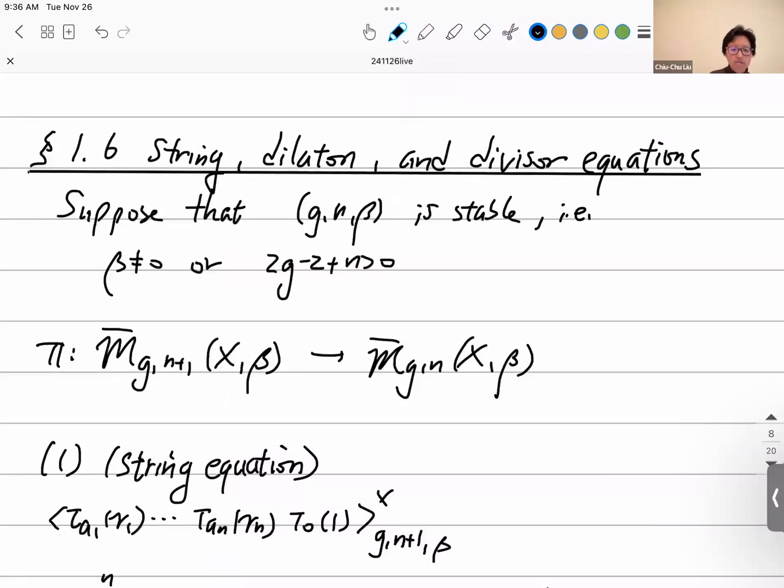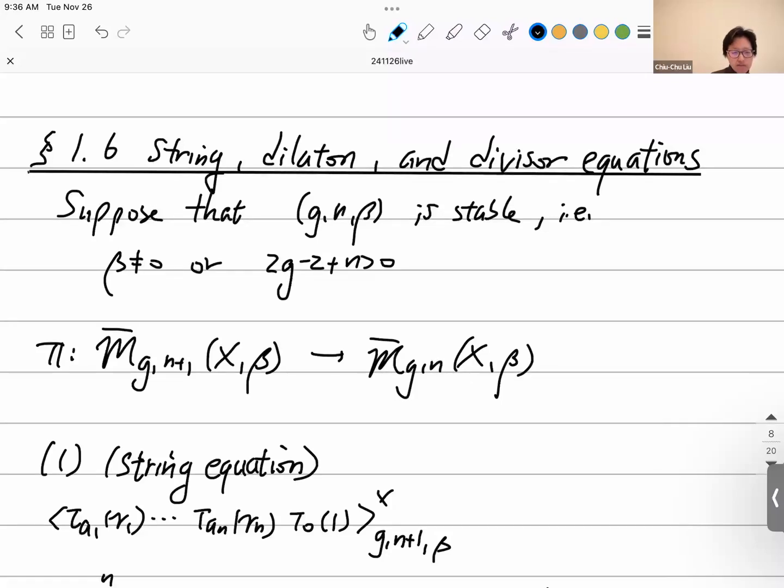Suppose that M bar g,n,beta is stable. That means either beta is not equal to 0 or 2g minus 2 plus n is greater than 0. We have this map from M bar g,n plus 1,beta to M bar g,n,beta forgetting the last marked point, and possibly contracting some components if necessary.